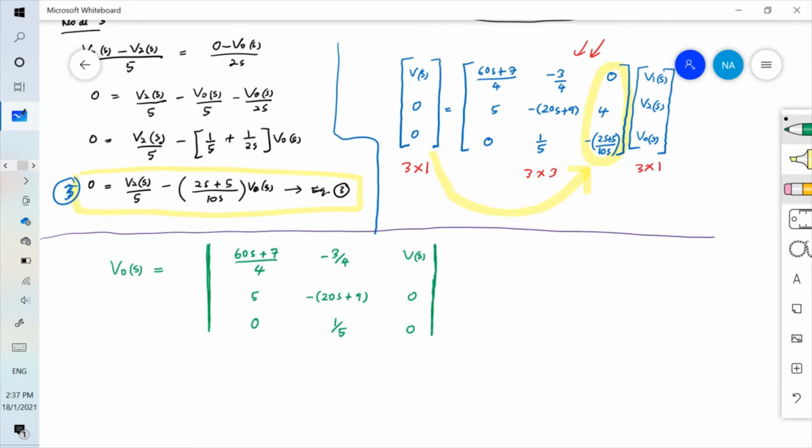Okay, so V0s equals the determinant of the special matrix divided by the determinant of the original matrix.